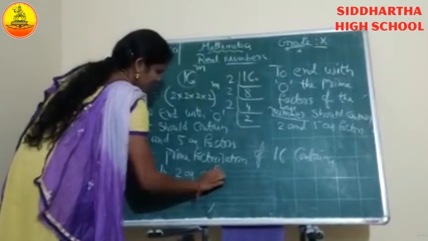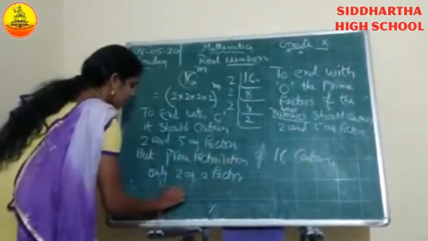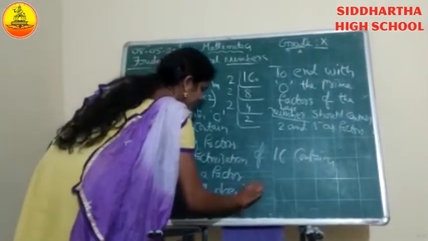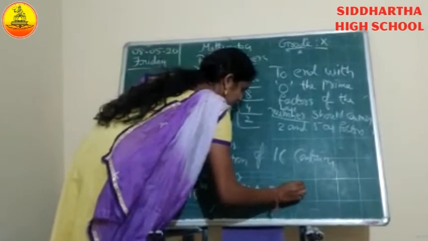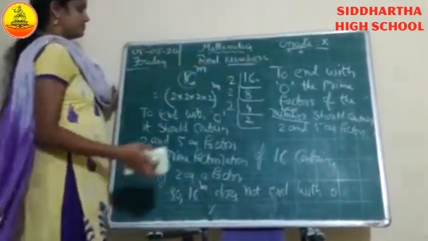It does not contain 5. So 16 power m does not end with 0. Did you understand?